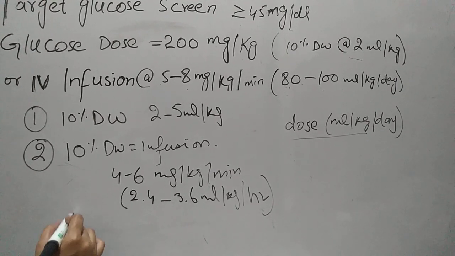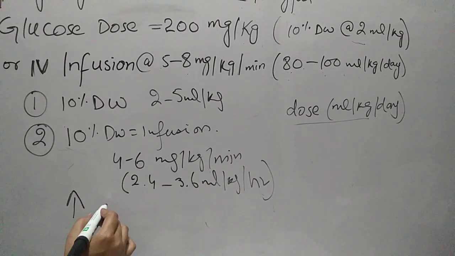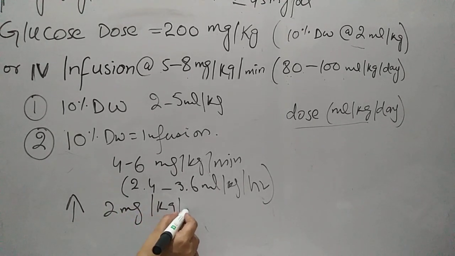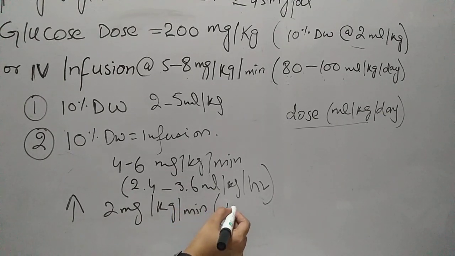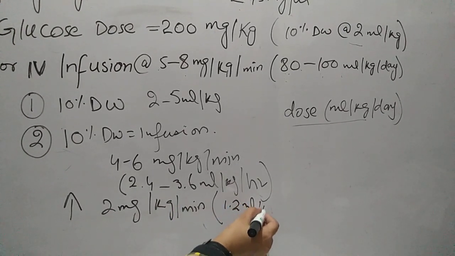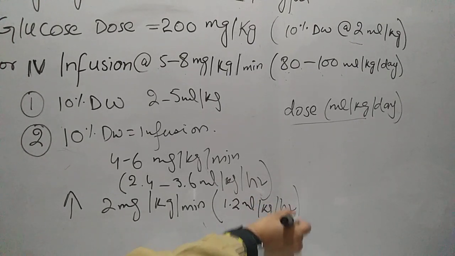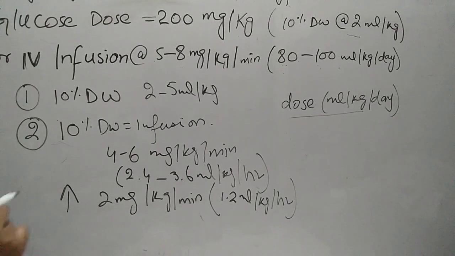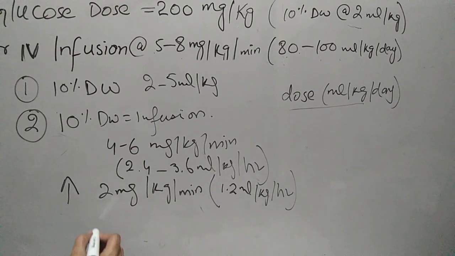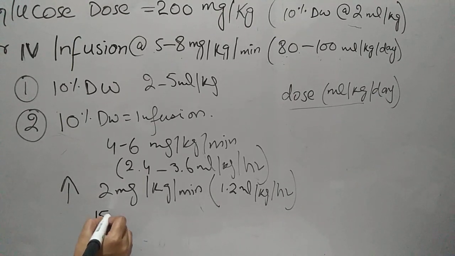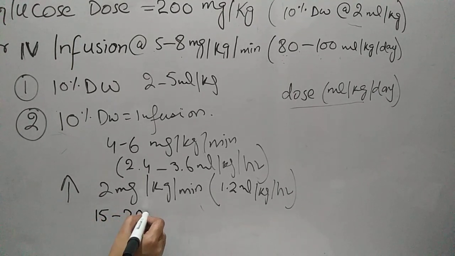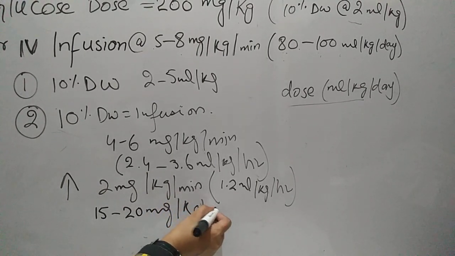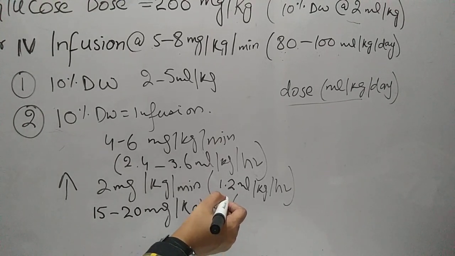Okay, and increase your infusion rate by 2 mg per kg per minute, meaning 1.2 ml per kg per hour of 10% dextrose, after every blood glucose reading done with glucometer, up to a maximum infusion rate of 15 to 20 mg per kg per minute.